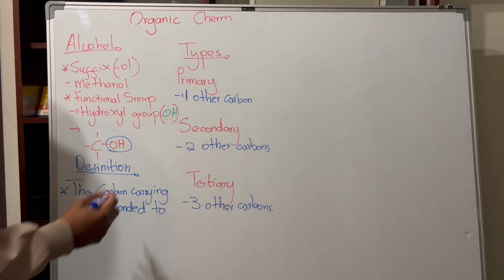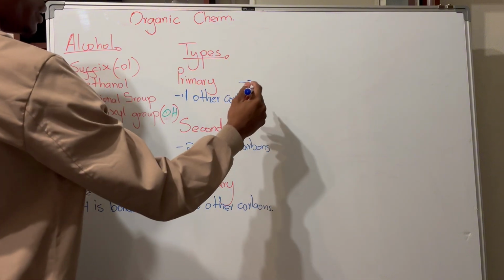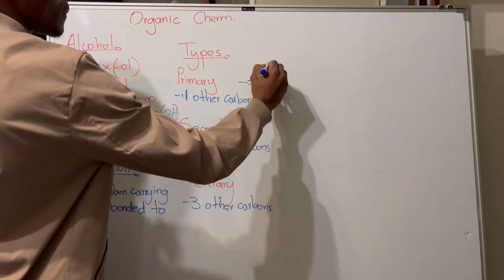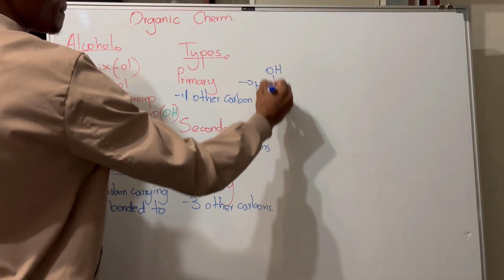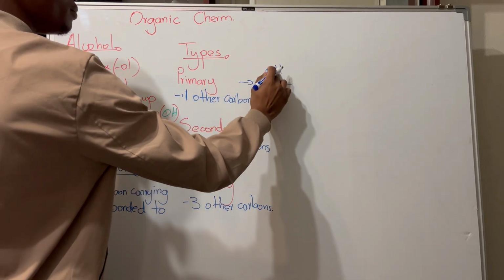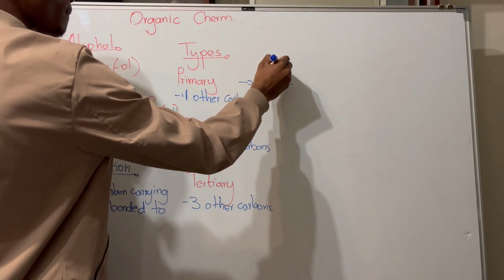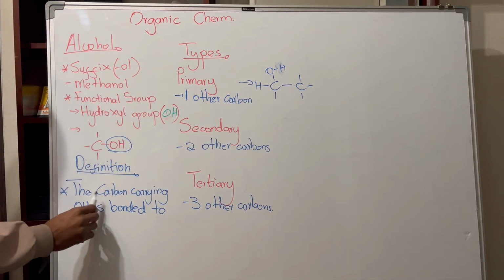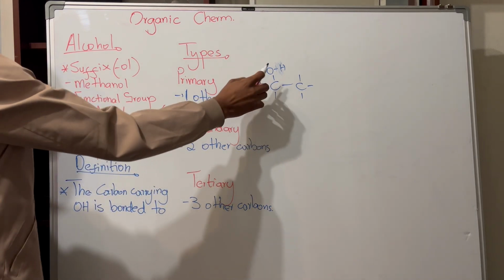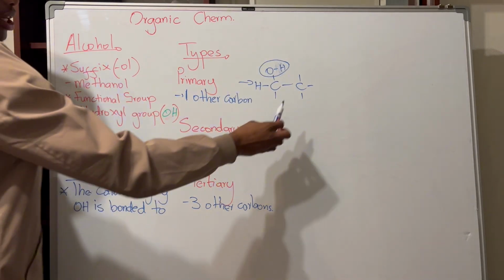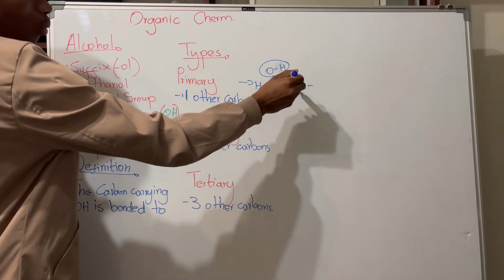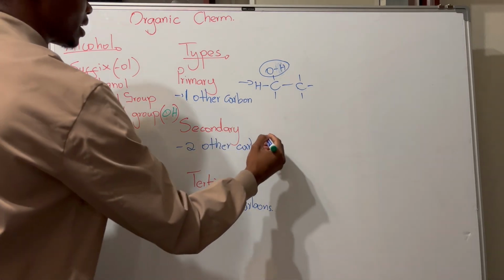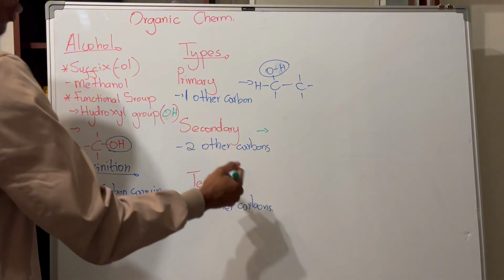So, with primary, you will have something like, it's usually at the end or at the beginning. So it's something like this. The carbon carrying the functional group, which is OH, is bonded to one other carbon. But now, when we talk of secondary, it's bonded to 2 other carbons.